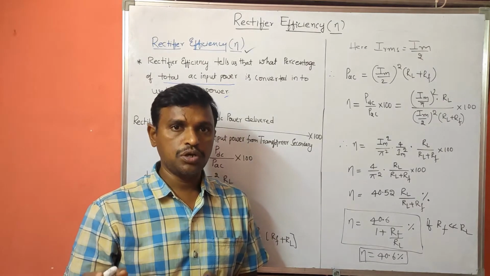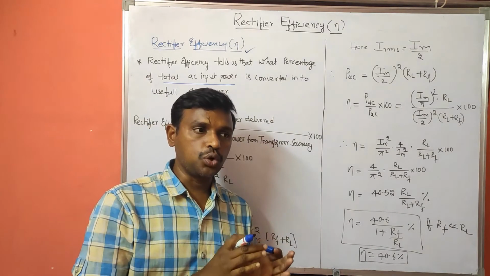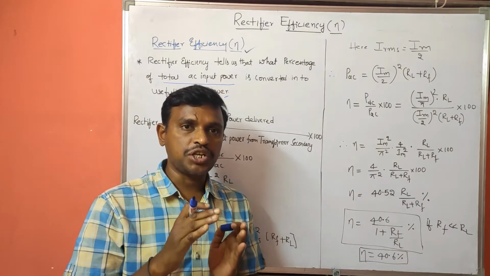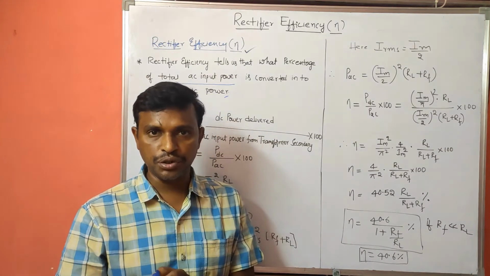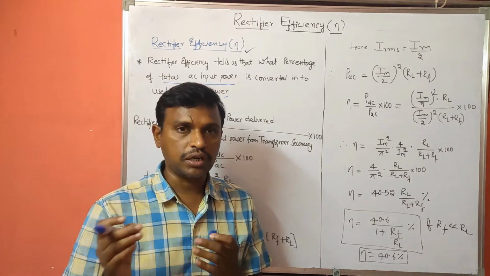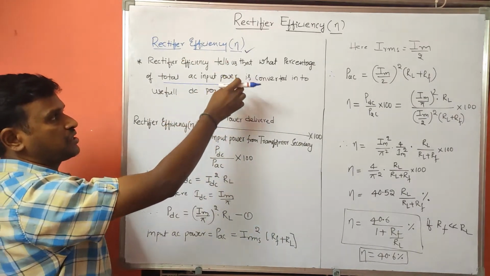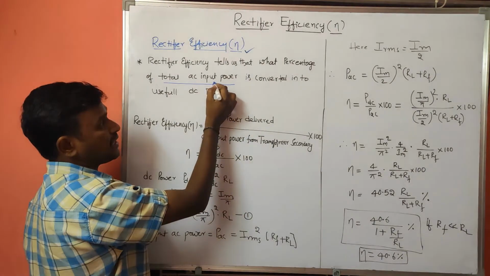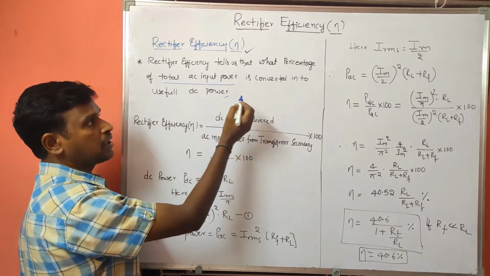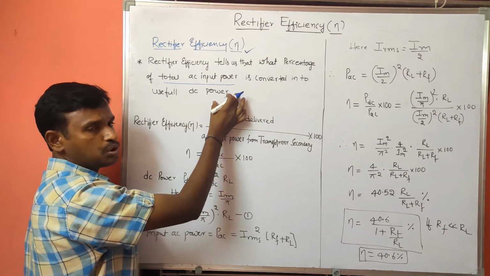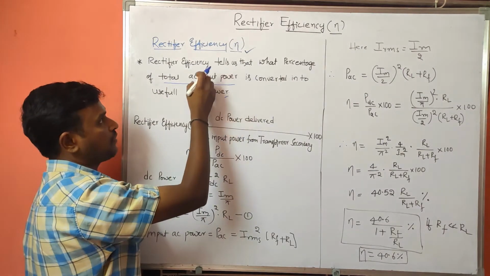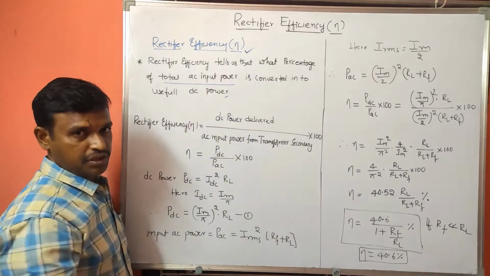So from the total input power, how much is converted into DC is what the efficiency indicates. That is given by our rectifier efficiency.